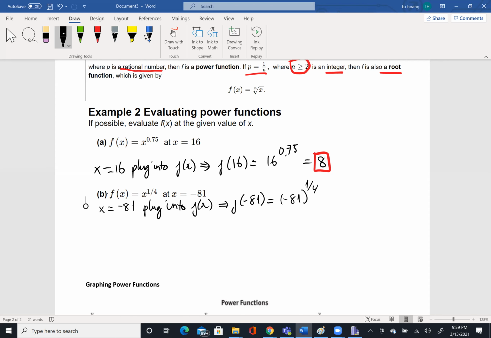Remember that n, which is the denominator, is an even number here, then the base x should not be a negative number.